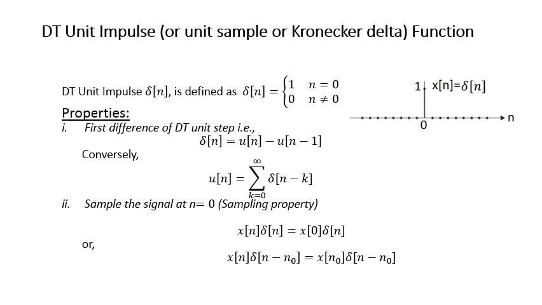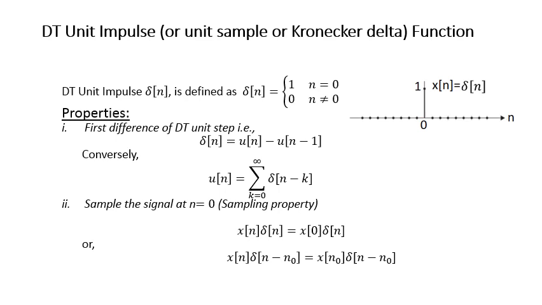There's another important signal that is called the impulse. In the case of discrete time, we say discrete time unit impulse, unit sample, or Kronecker delta function. That's a very important signal, and we will discuss it in more detail in the second chapter when we talk about LTI systems.